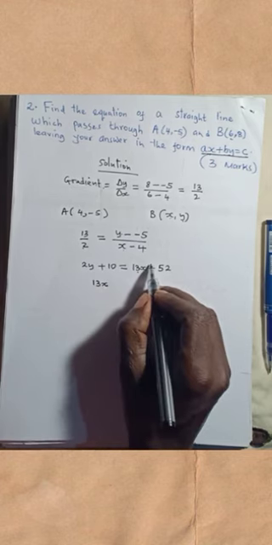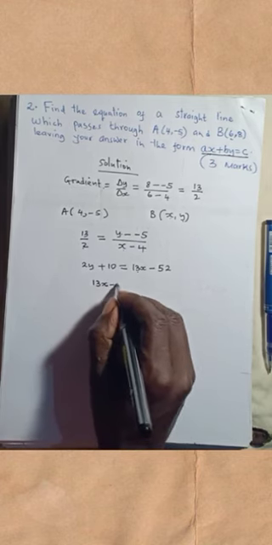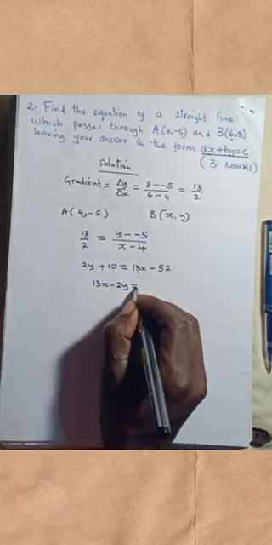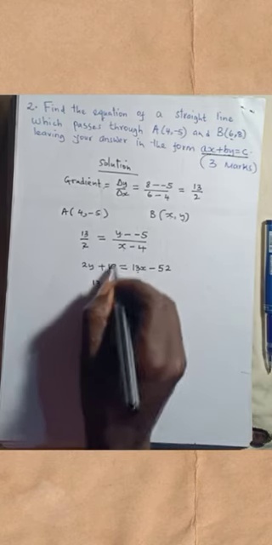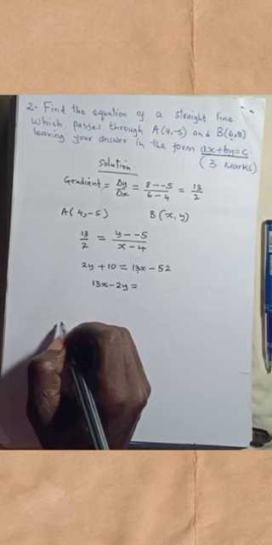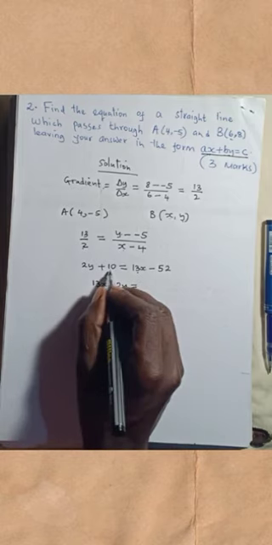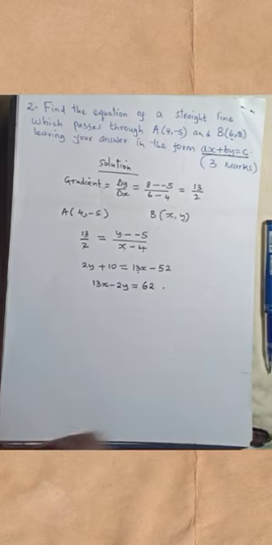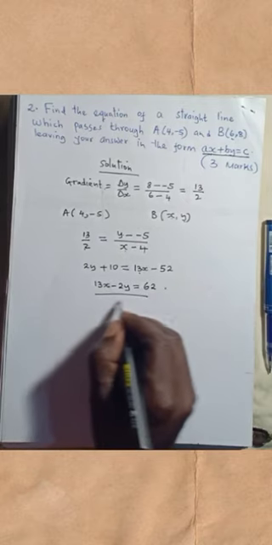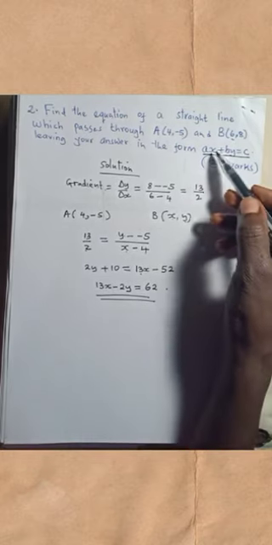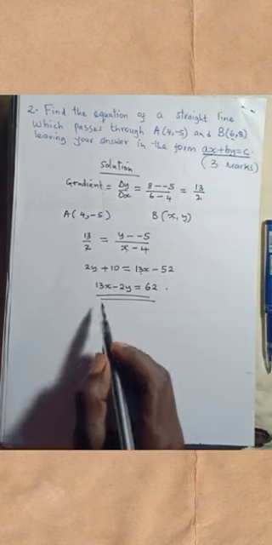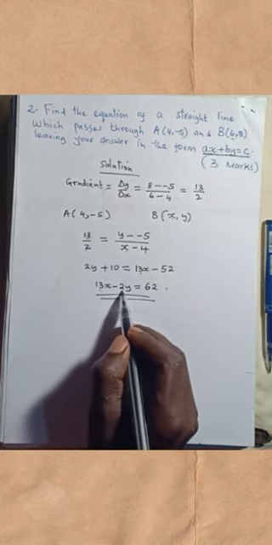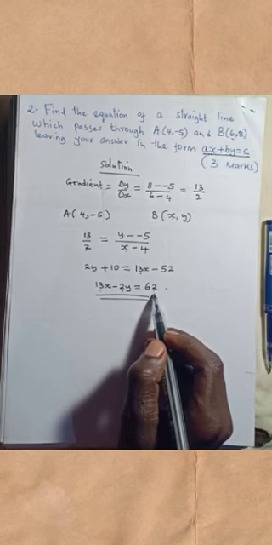If 2y crosses the equal sign, it becomes negative 2y is equal to 10. If negative 52 crosses to this side, it becomes positive, so it's 10 plus 52, you get 62. And this gives us the equation in the form ax plus by is equal to c. So in this case, our a is 13, our b is negative 2, and our c is 62.